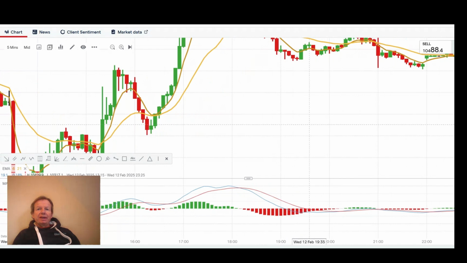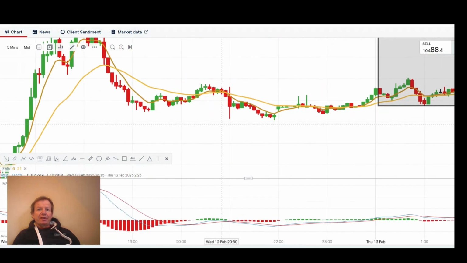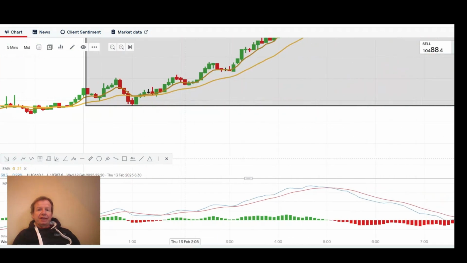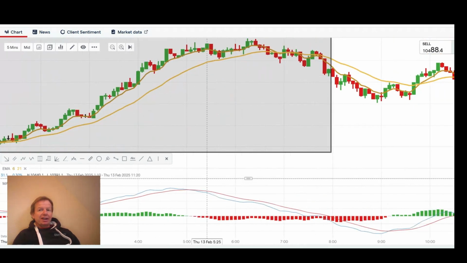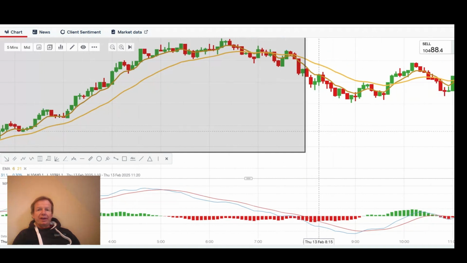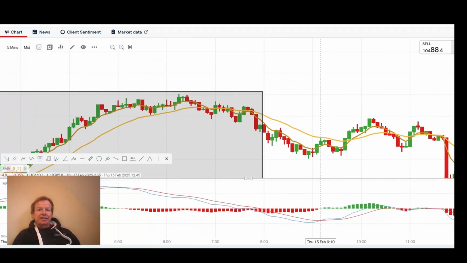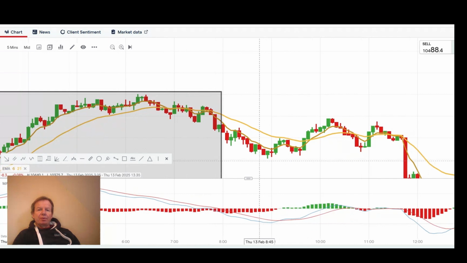The Euro US on the Thursday, greyed out box again here. We're looking at the buy here.